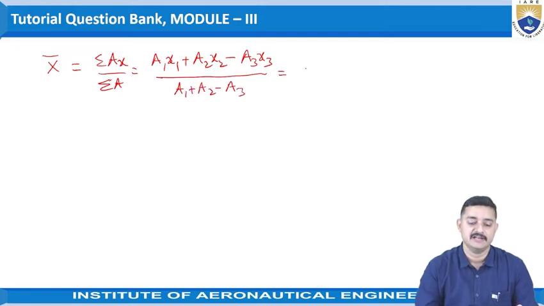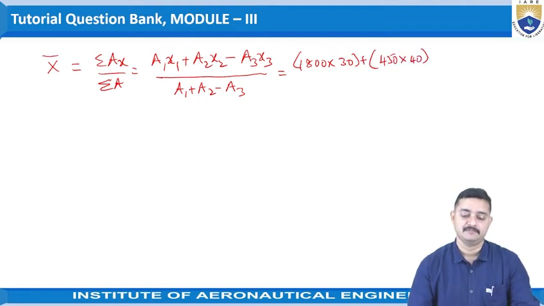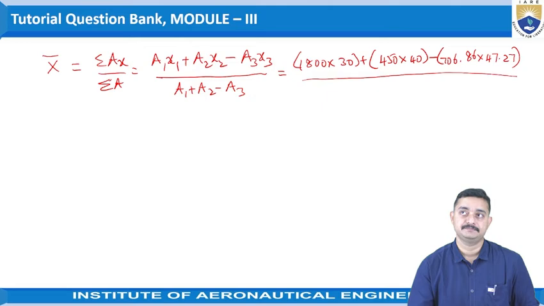So substituting the values here, we can get 1800 into 30 plus 450 into 40 minus 706.86 into 47.27 by 1800 plus 450 minus 706.86.